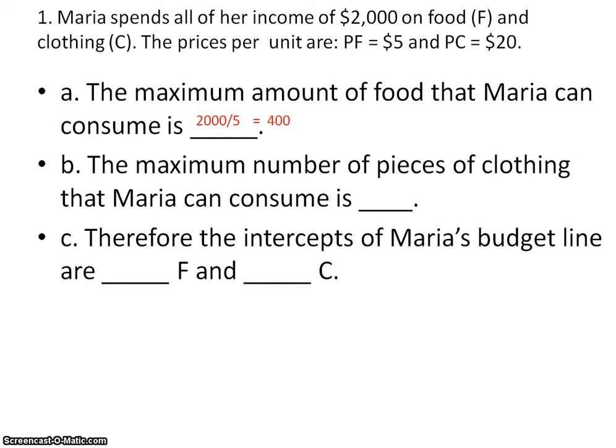With regards to the maximum number of pieces of clothing, again we take $2,000 and divide it by the price of clothing, which is $20, and we get 100. So, in constructing Maria's budget line, the intercept for food is 400 and the intercept for clothing is 100.